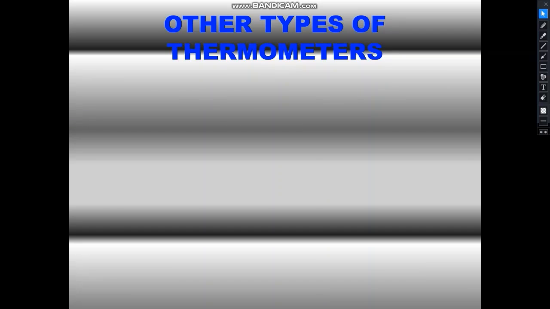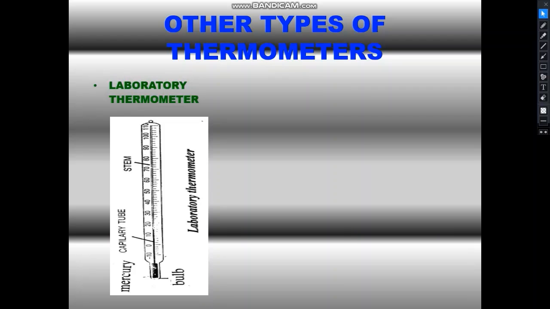Let's have a look over some other types of thermometers. Laboratory thermometer. How does it look? This way. The structure, or you can say the constructional view, is the same as that of the clinical thermometer. You can see this is the bulb, same way.